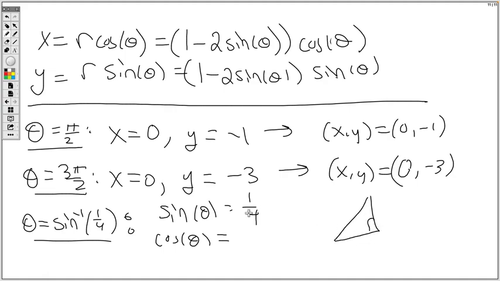Because sine is the ratio of what two sides? Opposite over hypotenuse. So the Pythagorean theorem says that the missing side is the square root of 15. So the cosine is square root of 15 over 4.